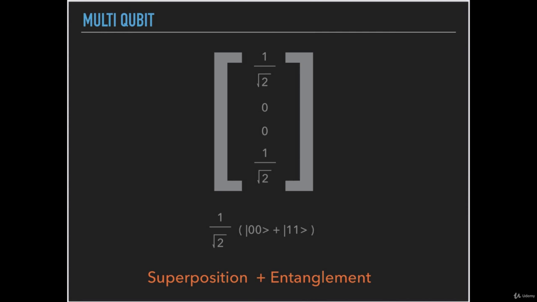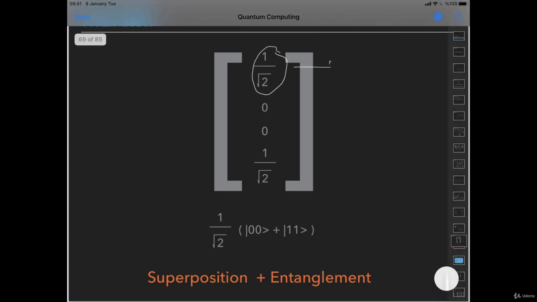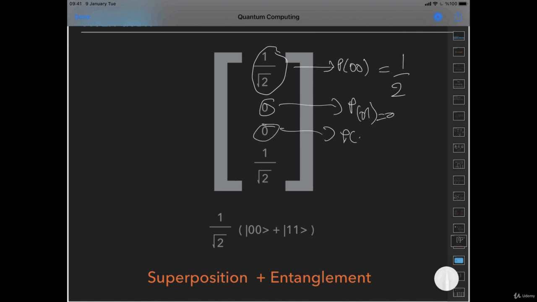This is a column matrix, or a vector, that represents superposition and entanglement. Why? Because in the P00 state we have a probability of 50%, 1 over 2. In the P01 state we don't have any probability, 0%, and it's the same for P10, 0%, and for P11 we again have 1 over 2, a 50% probability.